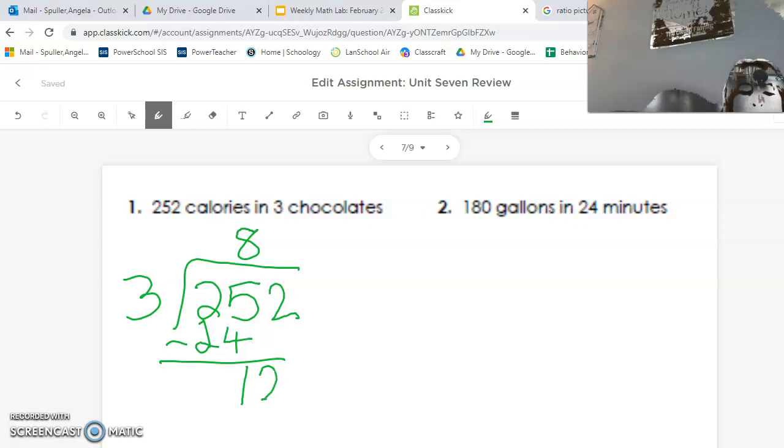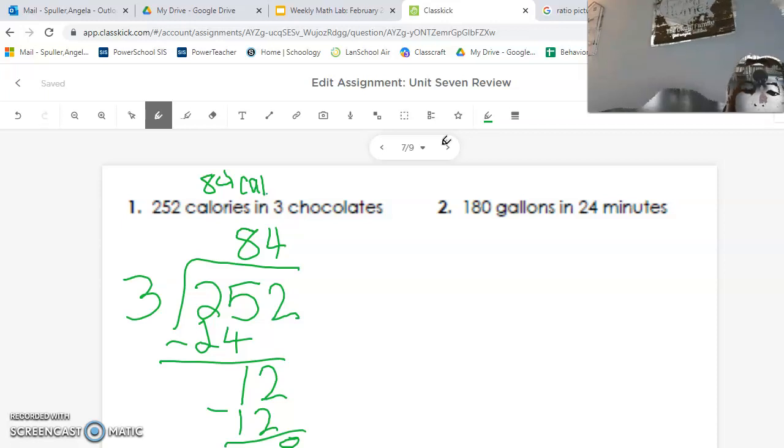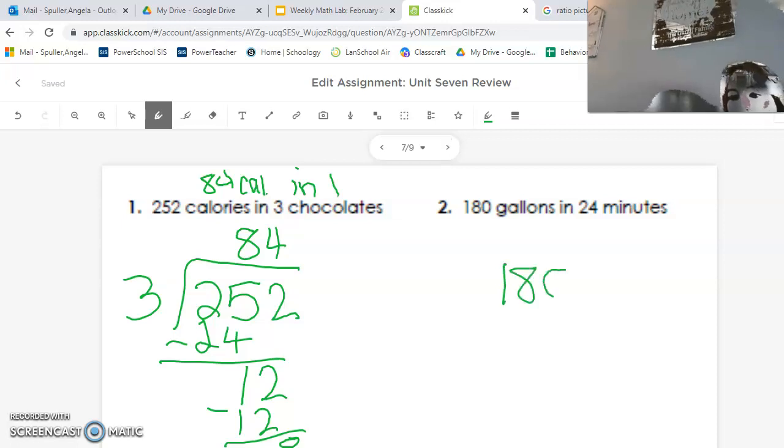Subtract it, it gives me 12. 3 goes into 12 4 times, which gives me 0 left over. So we get 84 calories in 1 piece of chocolate. Make sense?